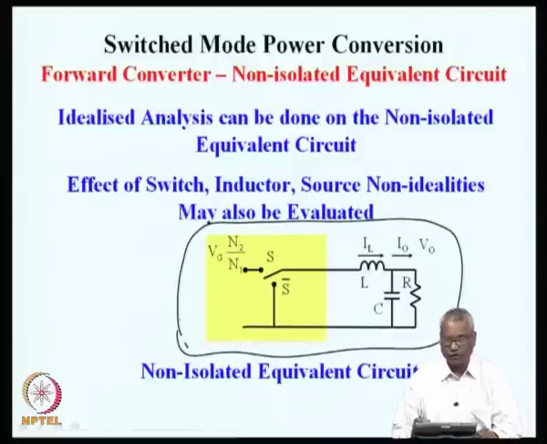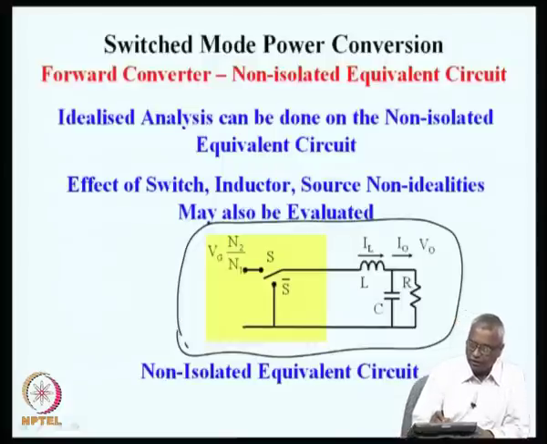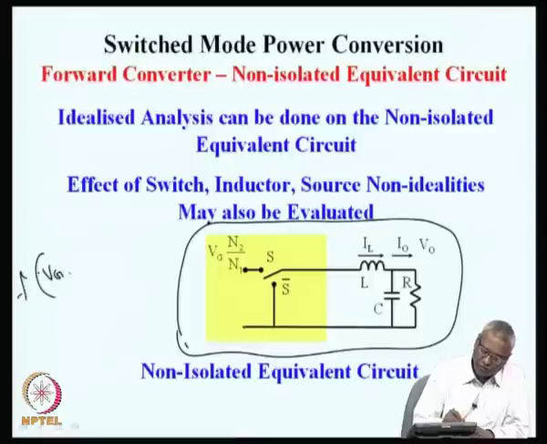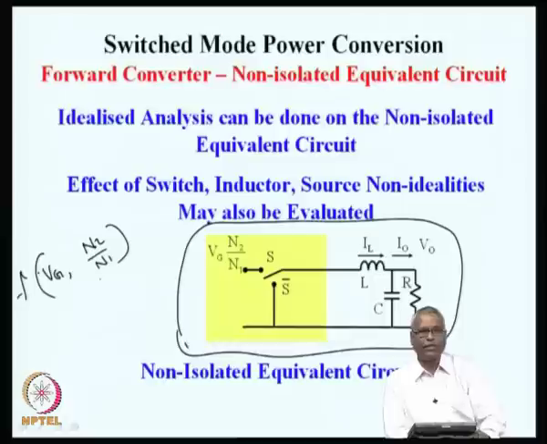In the equivalent non-isolated converter, the source voltage will now be a function of Vg and N2 by N1. In the case of the forward converter, it is simply Vg into N2 by N1. In the case of the half bridge, it will be Vg by 2 into N2 by N1. In the case of the full bridge, it will be Vg into N2 by N1, and so on.